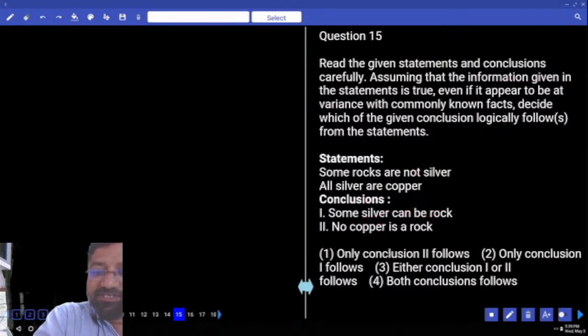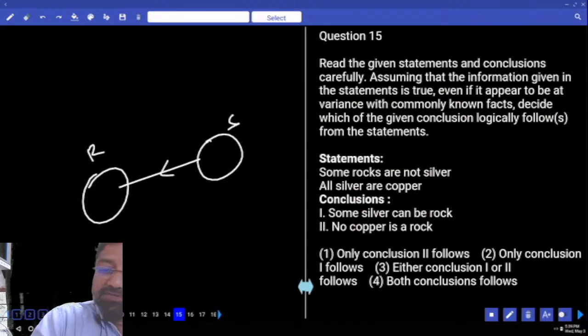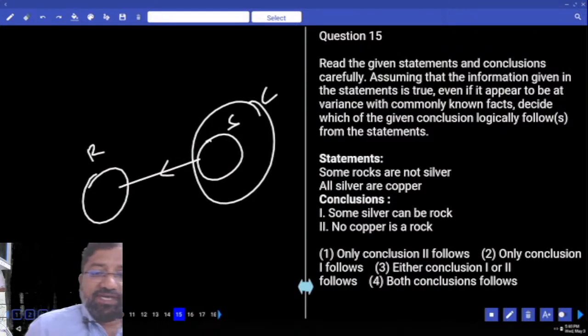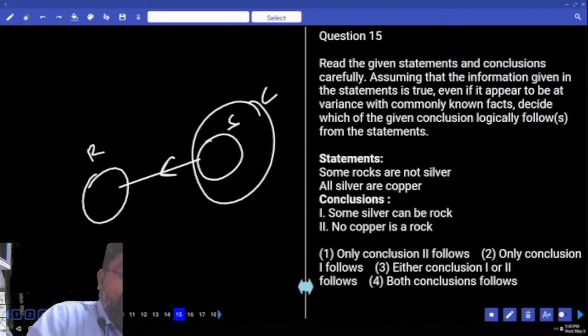Syllogisms, dead easy. Some rocks are not all silver or copper. Now some silver can be rock. Some silver can be rock. Can silver touch rock? Yes. What is the arrow mark specialty? Silver can touch rock or silver can go inside rock.